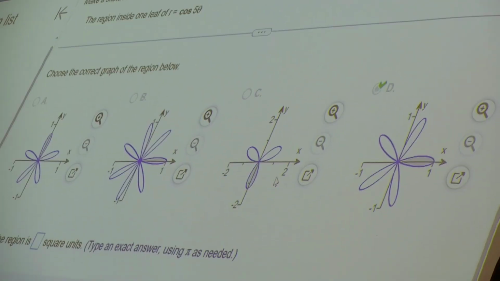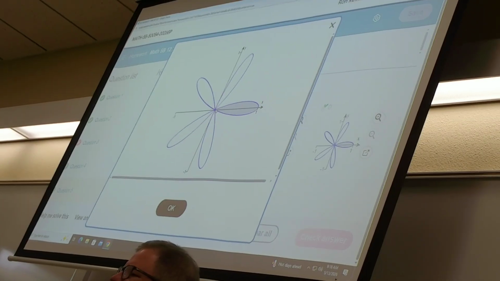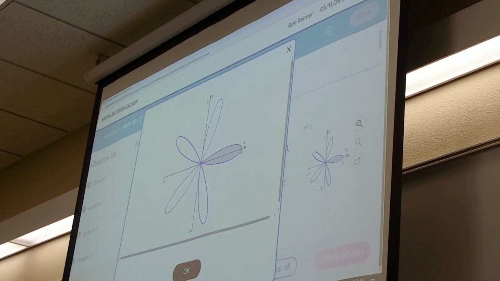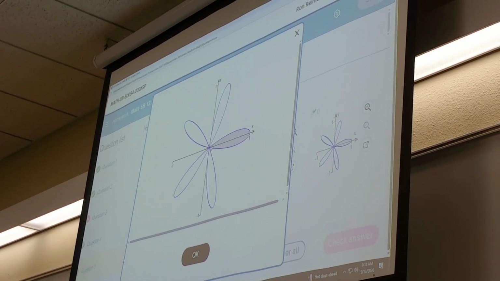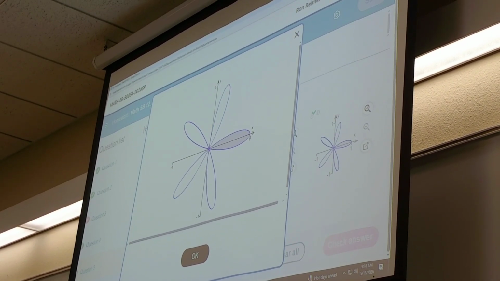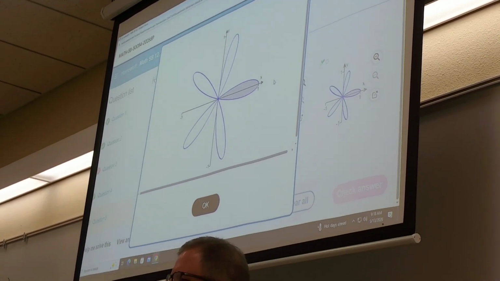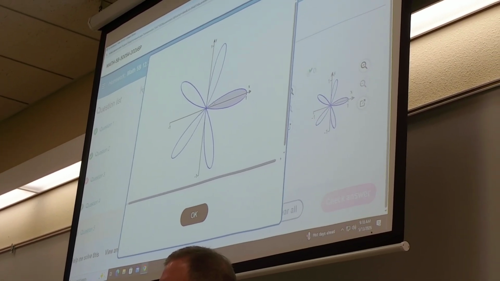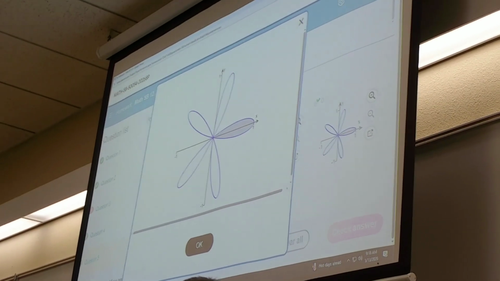All right, area. Cosine of 0 is 1. So this thing comes back to the origin where R is 0. Cosine of what is 0?